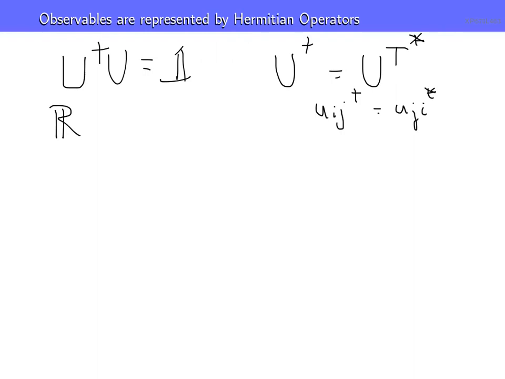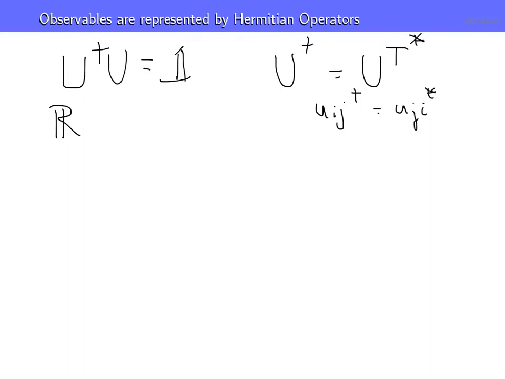We don't measure something and obtain complex numbers. So we want to consider operators that have eigenvalues that are real. We want to restrict to those operators that have real eigenvalues, and those are going to correspond to observables that can be observed in nature.